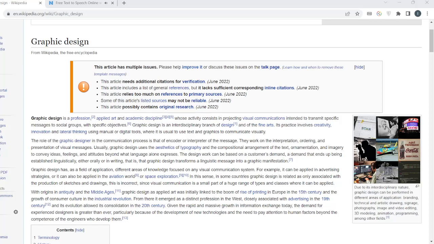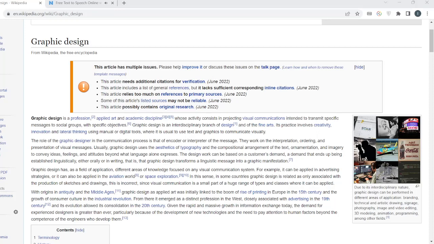Related design fields. 6.1 Interface design. 6.2 User experience design. 6.3 Experiential graphic design. 7.